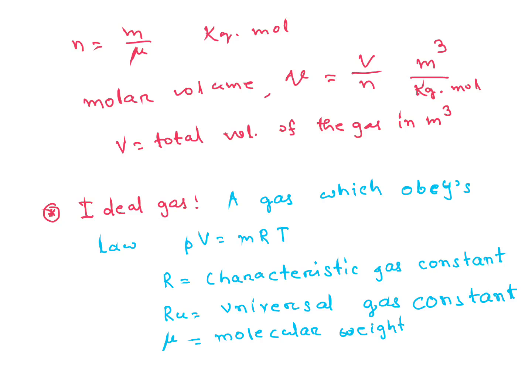One relation is here: R equal to Ru by mu. This is useful in solving problems. Sometimes they are not giving the Ru value, so Ru value you have to remember.